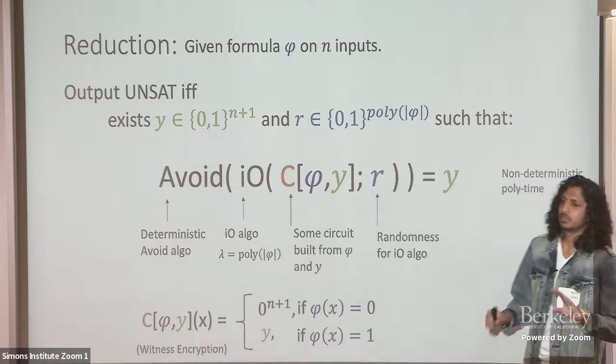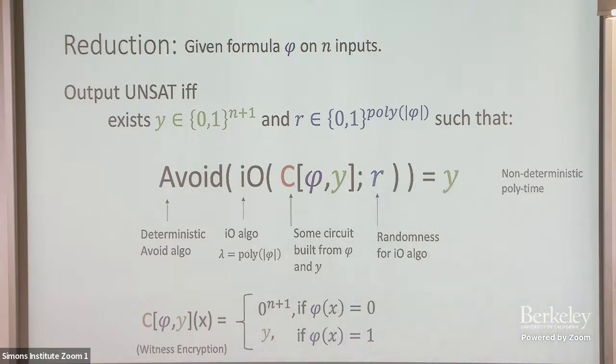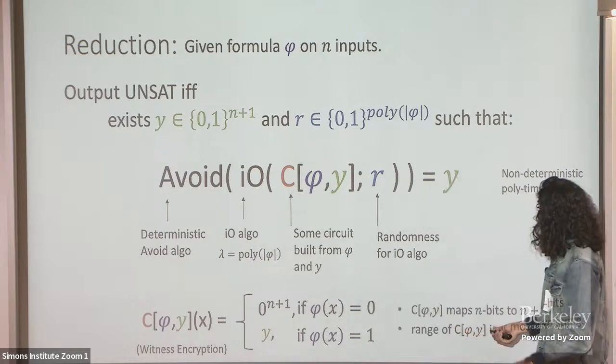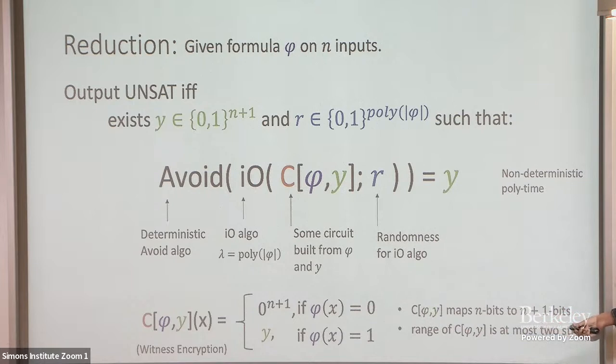So if phi happened to be unsatisfiable, this is just the all zeros function. On the other hand, if phi is satisfiable, then y is going to be hidden somewhere there. And just some remarks. This is exactly a circuit that we can use range avoidance on because it's mapping n bits to n+1 bits. And also, something interesting about this circuit is that it actually has range of exactly 2. It has a very small range. Turns out it's already hard to solve range avoidance on this.